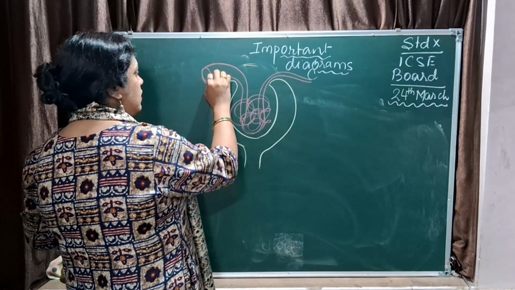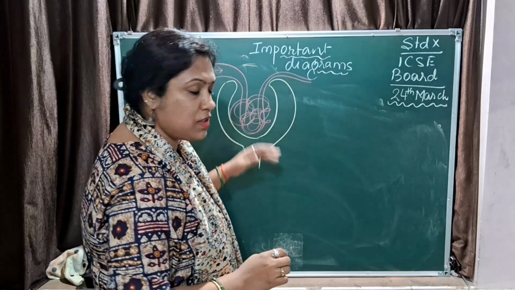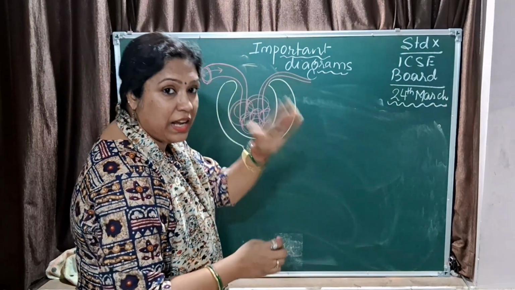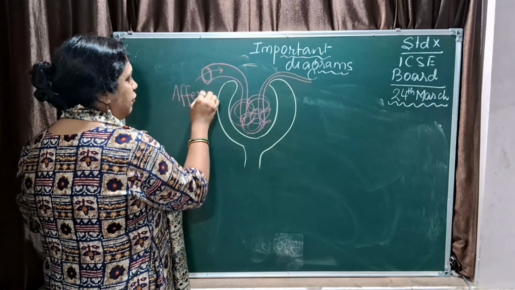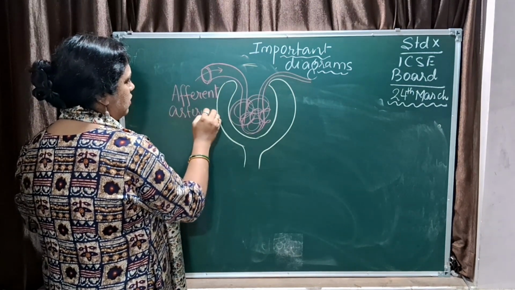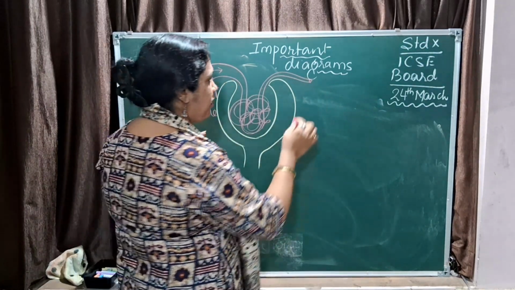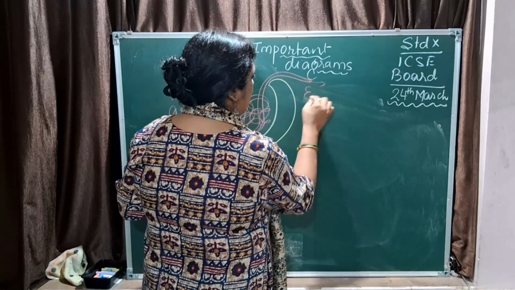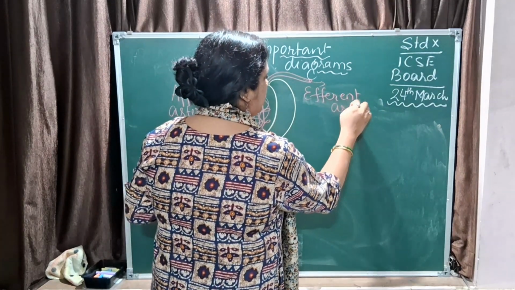Now the blood vessel through which the blood enters the Malpighian capsule is the afferent. A for afferent, A for arrival, arteriole. E, exit, efferent arteriole. E for exit, E for efferent arteriole.